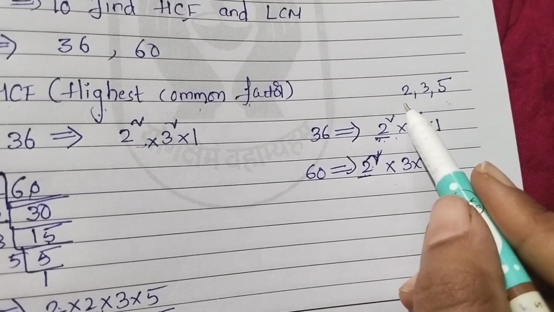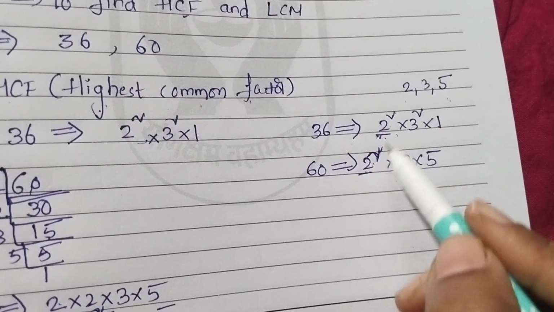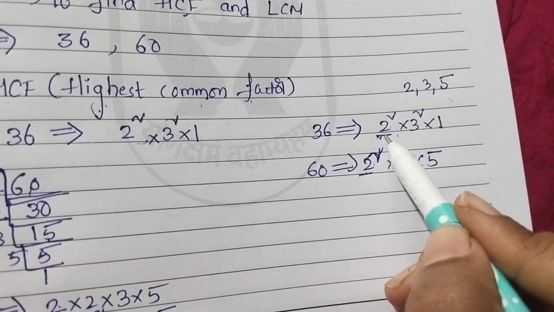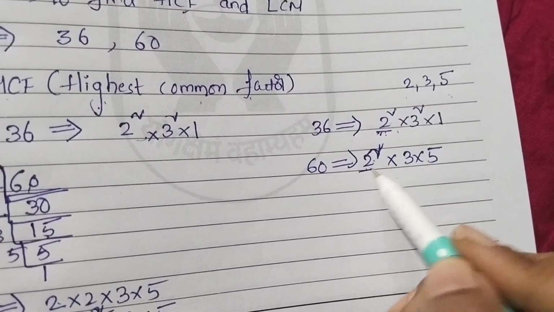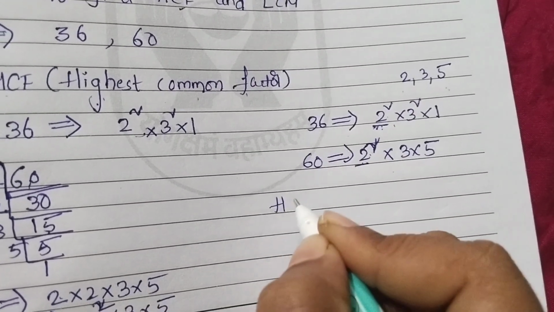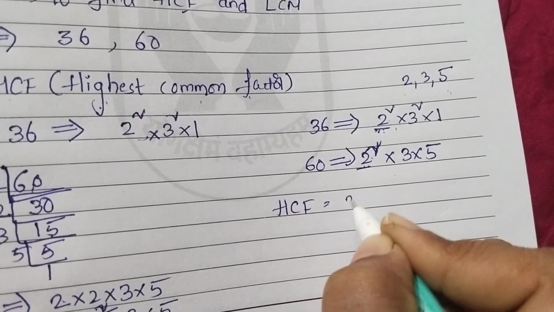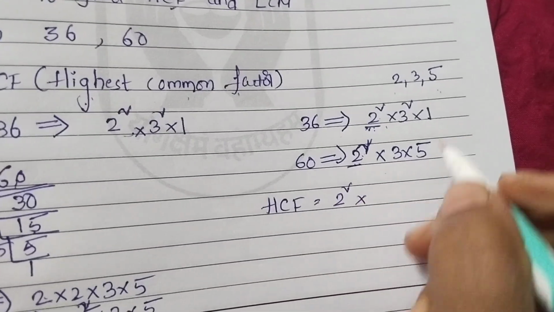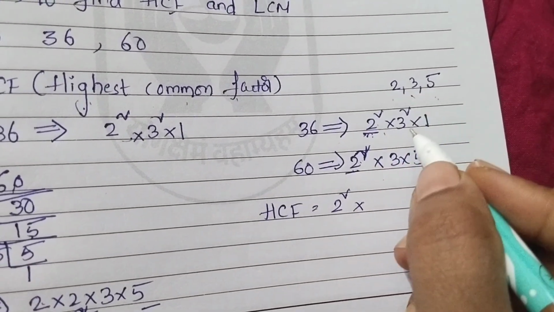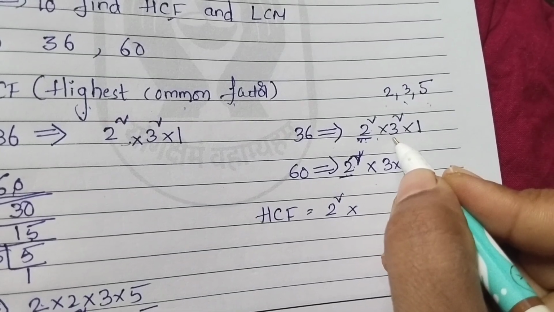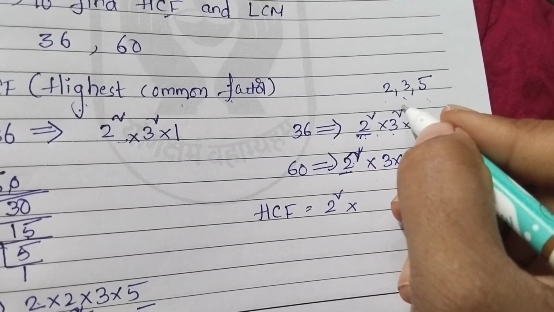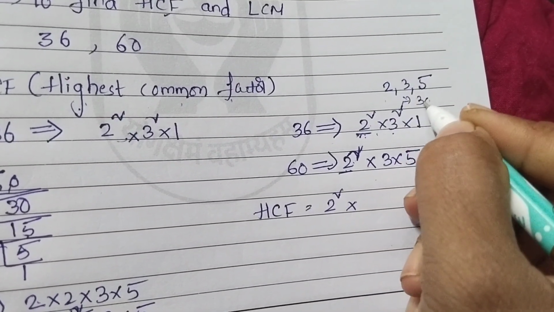Okay. So what is the highest common factor? 2 square, right? In this we are having 2 square. Here also we are having 2 square. So HCF has 2 square, right? And the next prime number we are having is 3. Here we are having 3 square, that means 3 into 3.